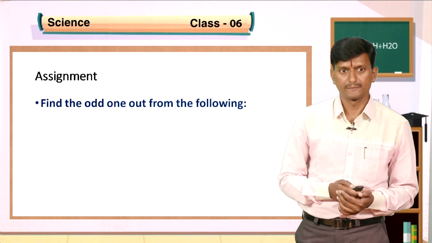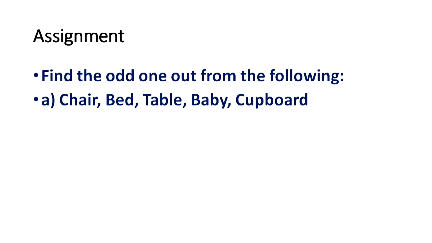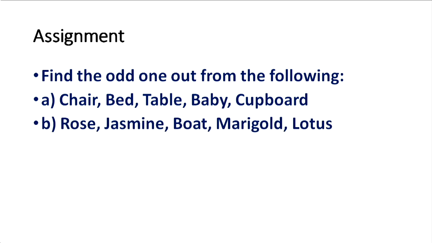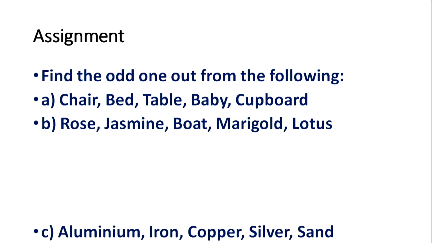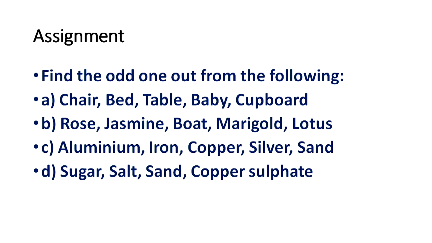Next question. Find the odd one out from the following. Number 1, chair, bed, table, baby, cupboard. Second, rose, jasmine, boat, marigold, lotus. Aluminium, iron, copper, silver, sand. Sugar, salt, sand, copper sulfate.